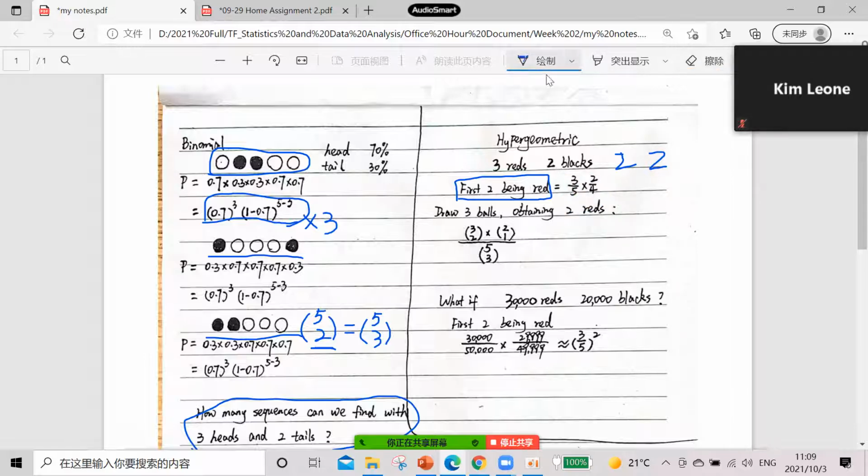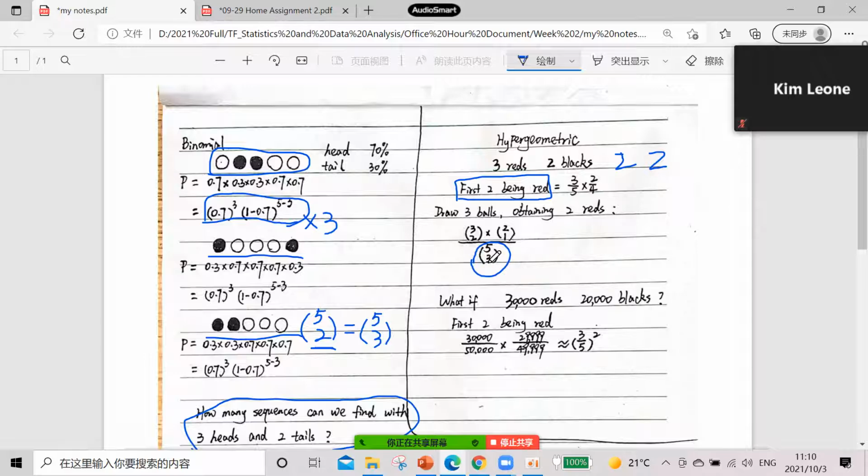Another way to think about it is using the combination, right? The probability of drawing 3 balls, obtaining 2 reds: 5 choose 3 is the total options I have, because I'm drawing 3 balls out of 5 balls. How many different options do I have? 5 choose 3. But how many 2-red options do I have? So this is all the options. Maybe the 3 balls are reds. Maybe it's 1 black, 2 reds.